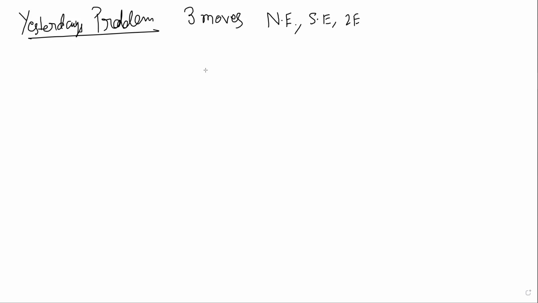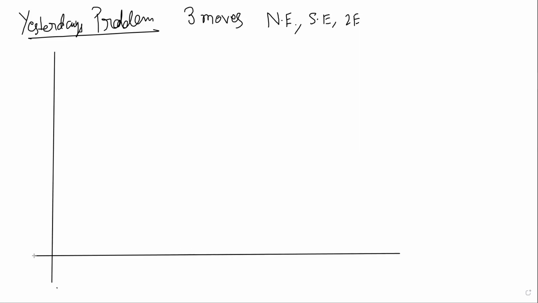Okay. And then just to keep it simple, we had asked, for example, how many ways are there using this rule to reach from 0 comma 0, let's say, 10 comma 0, with these moves.